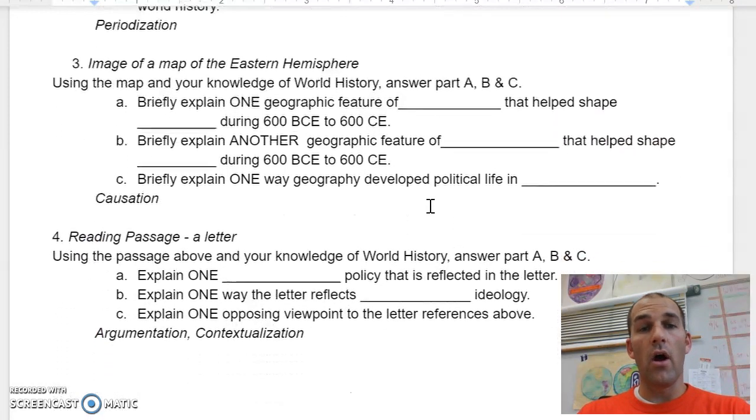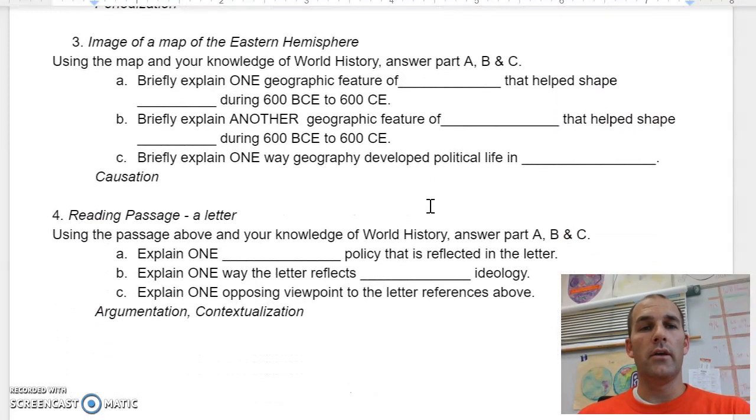If we take a look at a causation question, you might look at, I said if there was a map of the Eastern Hemisphere, and it would ask you, using the map and your knowledge of world history, answer parts A, B, and C. So briefly explain one geographic feature of blank that helped shape blank during that particular period, 600 to 600. Briefly explain another geographical feature.